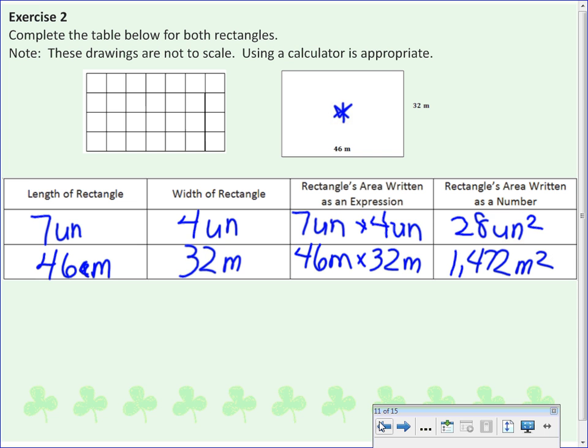Just because this is 32, don't assume that this one must be a little bit less than 32. Don't do that, because it's telling you it's not drawn to scale.